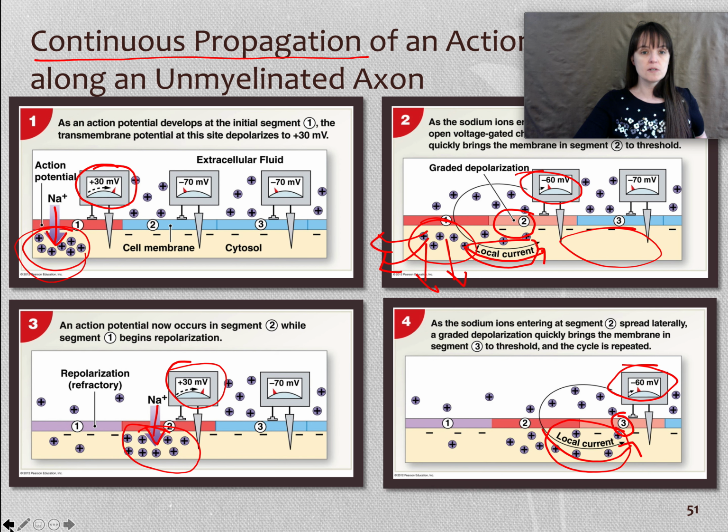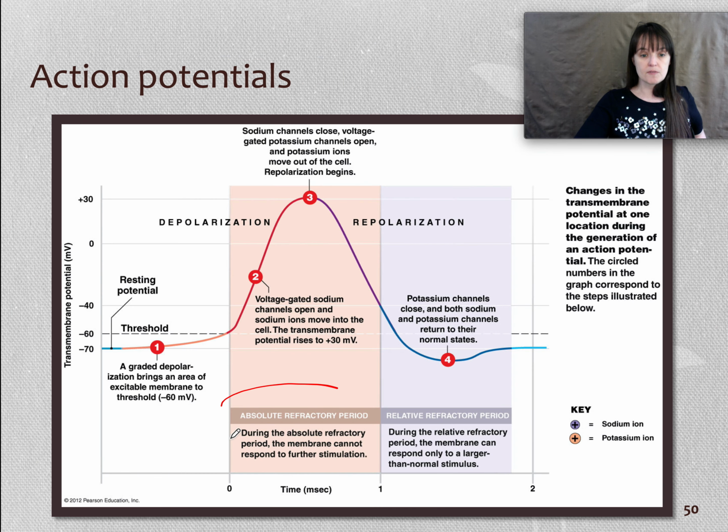So I do want to point out, especially in this continuous propagation, because we are diffusing backwards, what keeps the previous segment from firing an action potential and the message from going backwards? What keeps it from happening are the refractory periods.